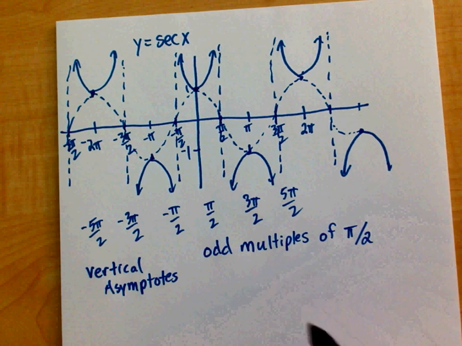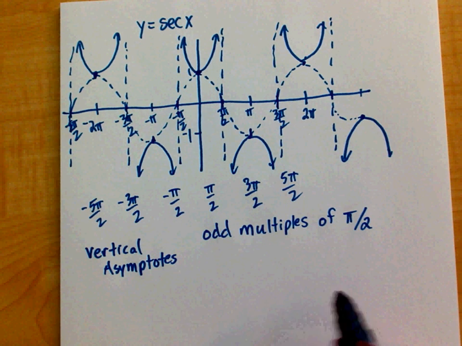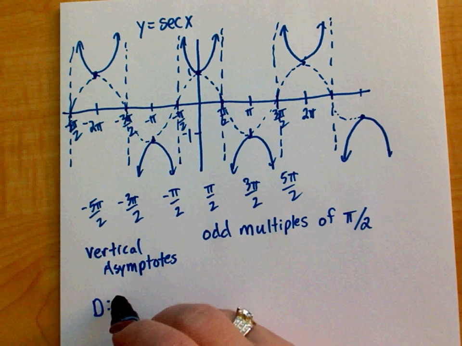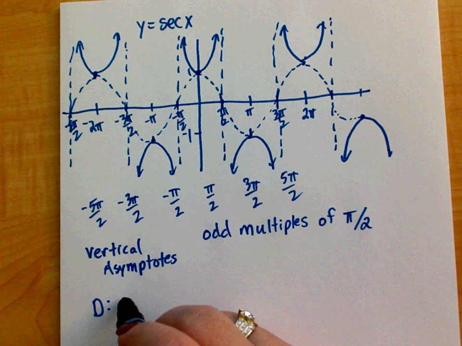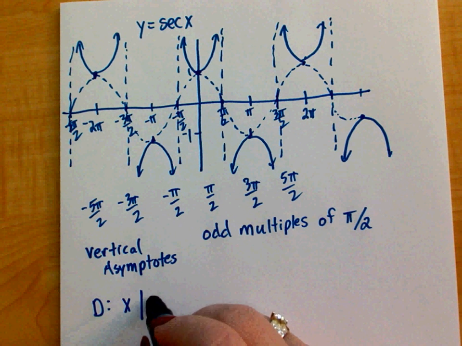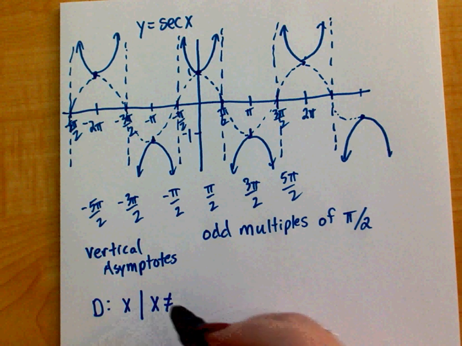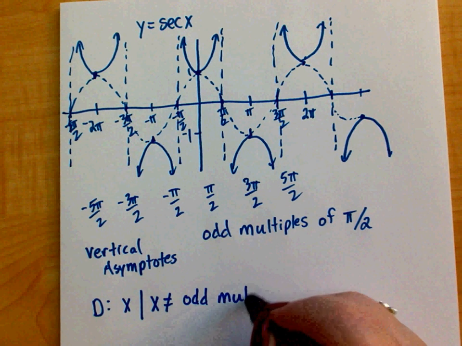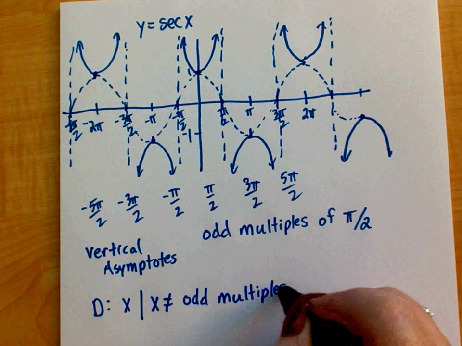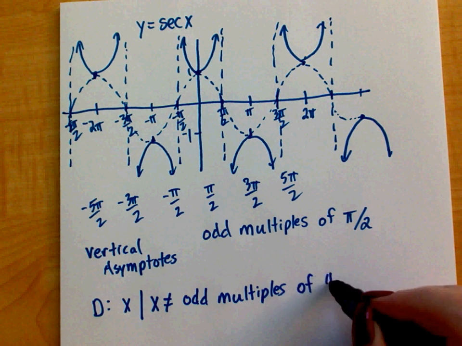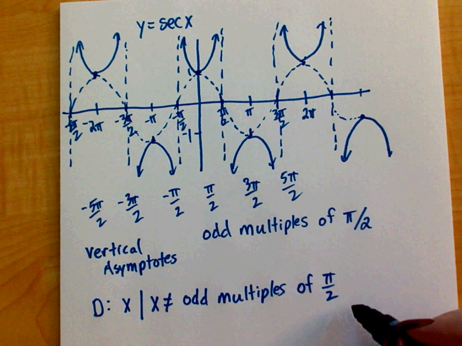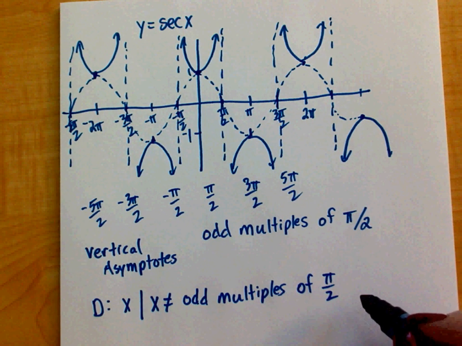If you were asked what is the domain of this function, the domain is x such that x does not equal odd multiples of pi over 2. Sometimes your test generator will put in parentheses 90 degrees, since pi over 2 is 90 degrees.